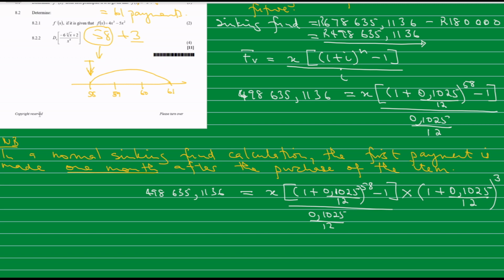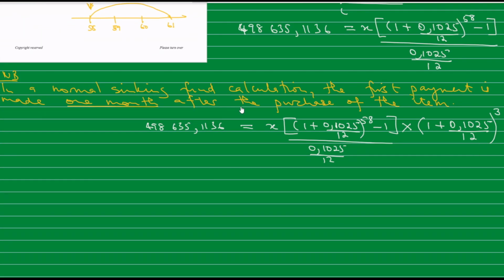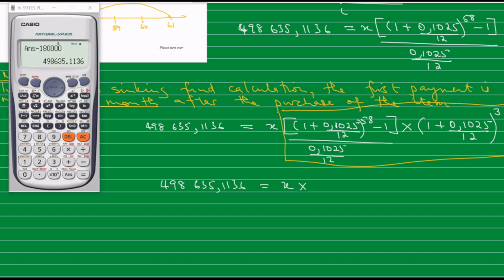To solve this one out, I'm going to take all this here as one value, work that one out as one value, which is multiplied by x. So I will have 498,635.1136 equal to the value that I get here multiplied by x. So x multiplied by that value. We are going to enter that value in our calculator. Let's enter it.